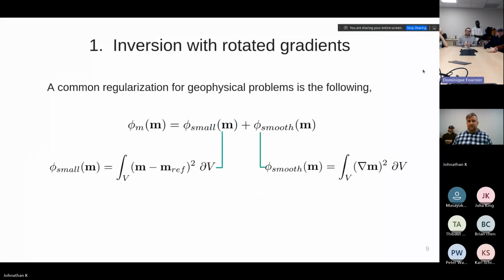A common model norm or regularization that we use contains a smallness term and a smoothness term. Our smallness term compares how close we are to our reference model, whereas our smoothness term is looking at where our gradients are.